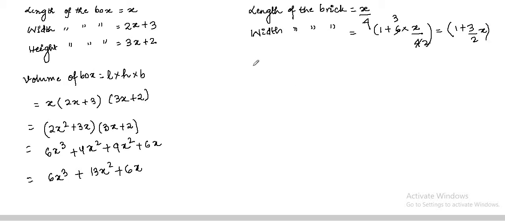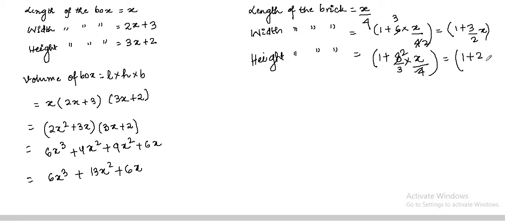Moving on to the height of the brick. It is given that it is 1 more than 8 by 3 times the length of the brick, and the length of the brick is x by 4. Simplifying, we get 1 plus 2 by 3x.